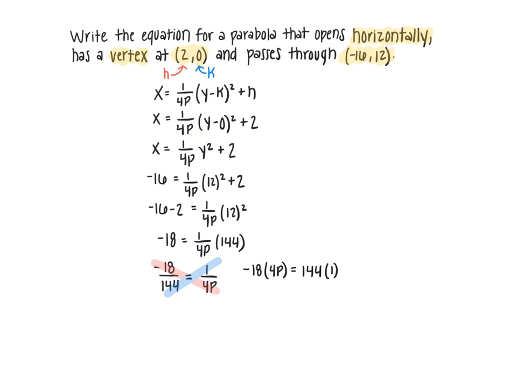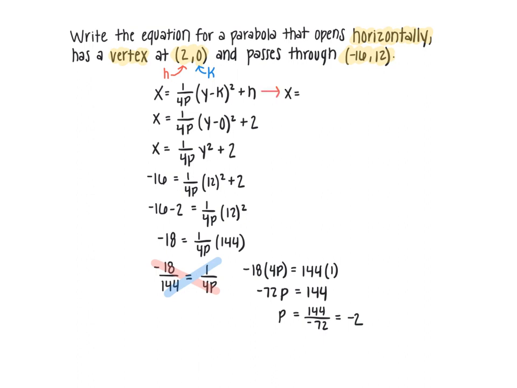The left-hand side is negative 72p is equal to 144. If I divide both sides by 72, so 144 over negative 72, that gives me p is equal to negative 2. Now that I have p, I can come back to my original equation and plug it in.